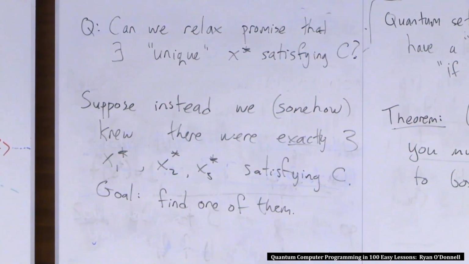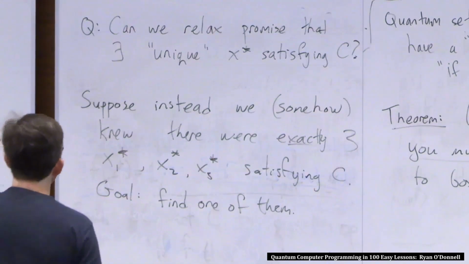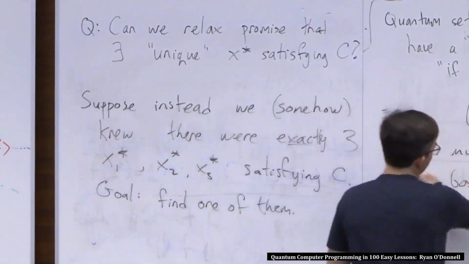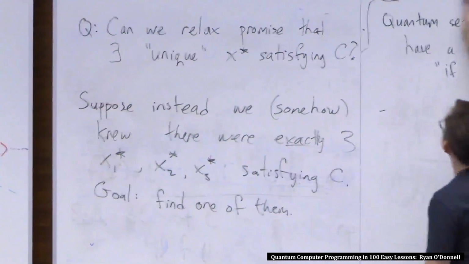Okay, so to tackle this, we're going to basically start repeating the analysis of Grover's algorithm from last time. Since we did it already, we're going to be a little briefer, and then we'll just see what happens.